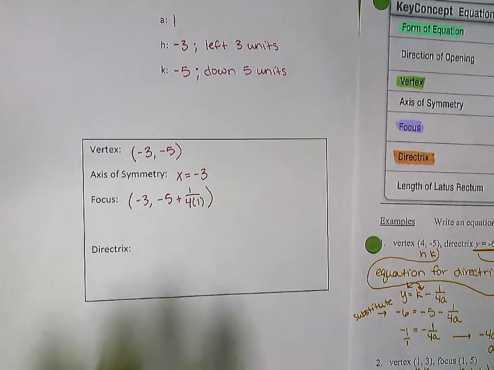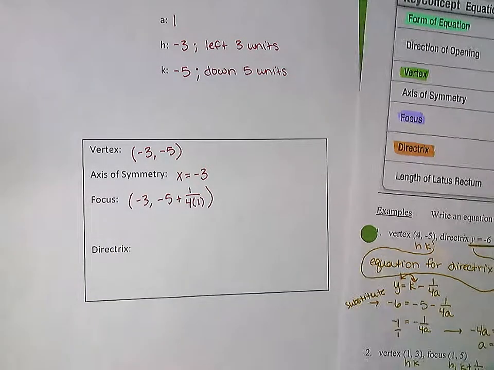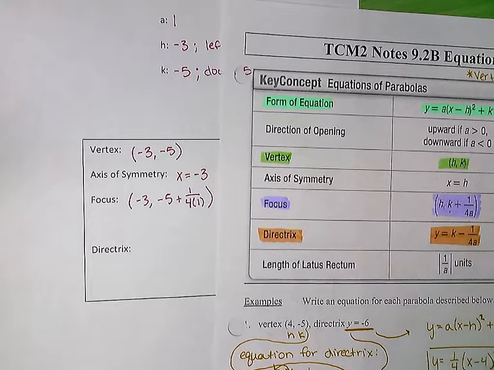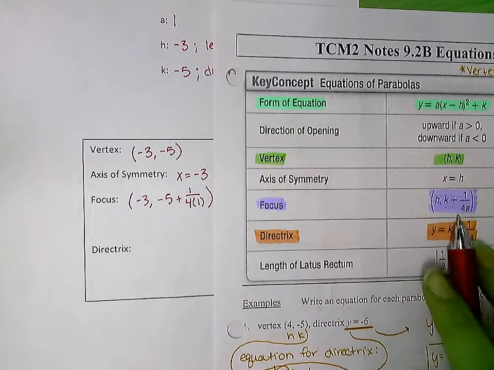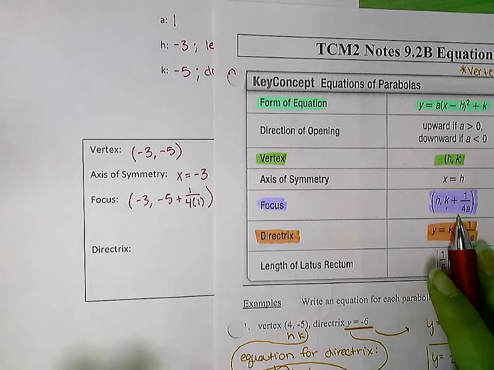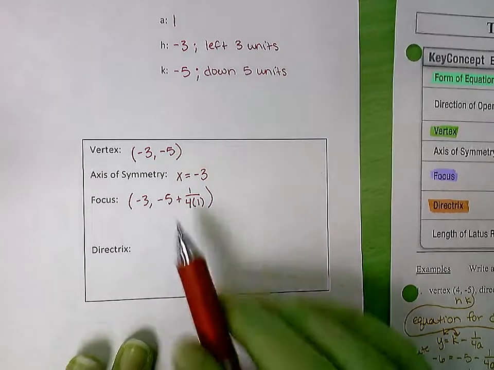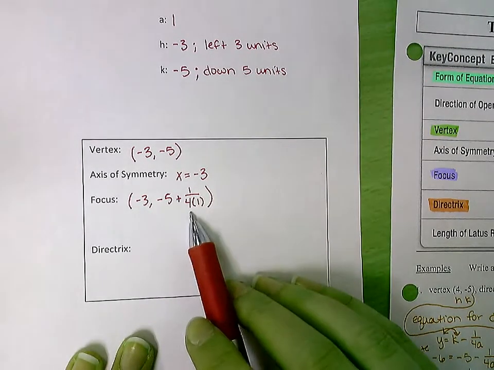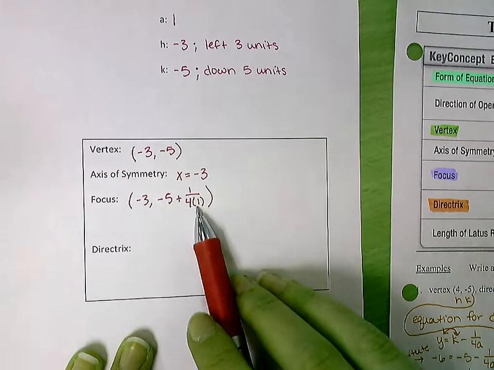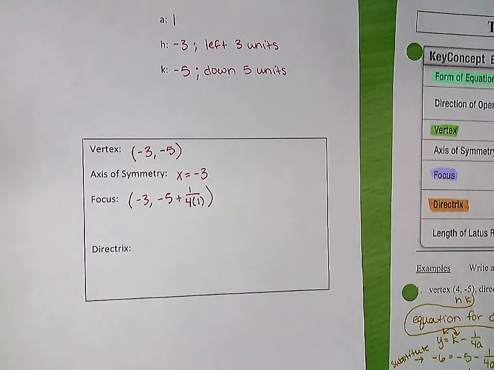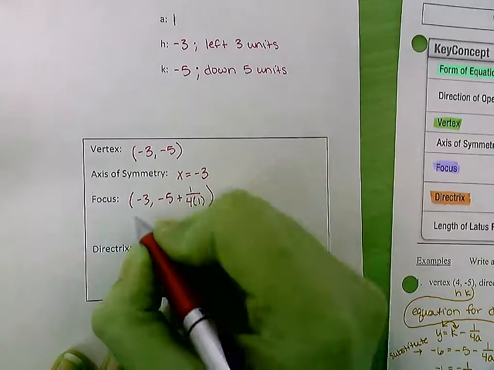I'm just plugging in my numbers to that focus formula. From here I could add these together. So I have -5 plus 1/4.